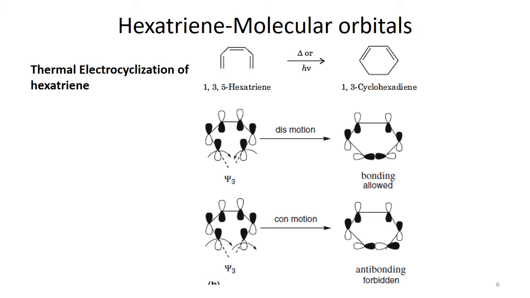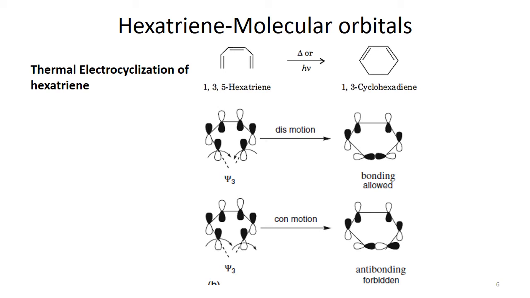Next step is that we have to see whether disrotation is allowed or conrotation is allowed. Basically, when we carry out these reactions, there are many different approaches that we discussed in the very early lectures. We can use the frontier molecular orbital approach.